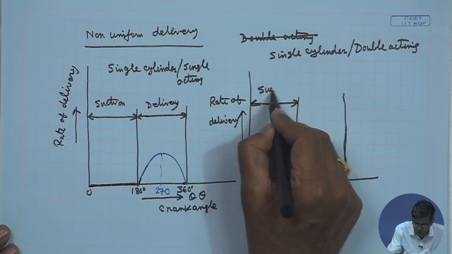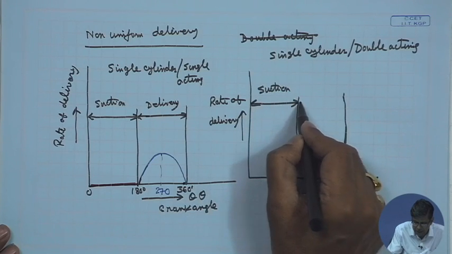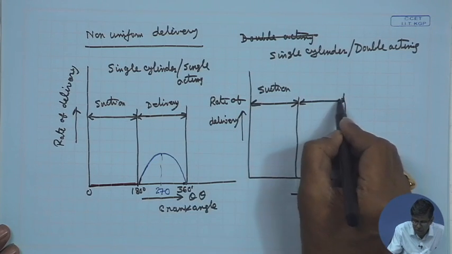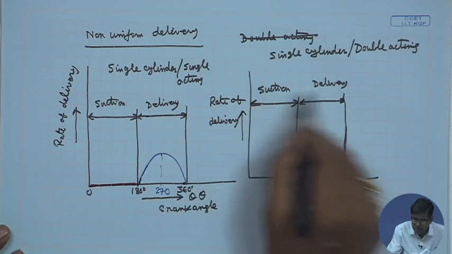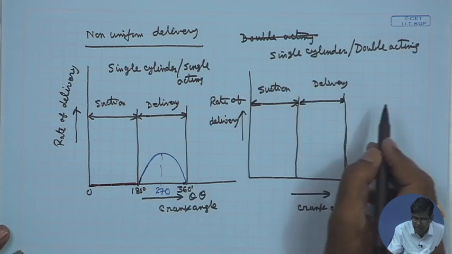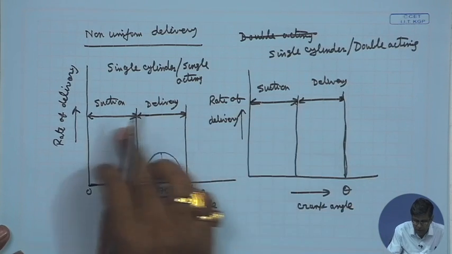So, suction stroke means suction on one side. Therefore, there is no meaning of suction and delivery here, so though I am writing it, this is meaningless. This is suction on one side, delivery on the other side, just to make a comparison with that.